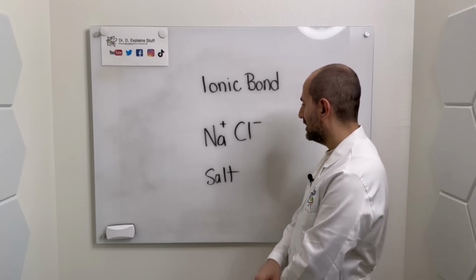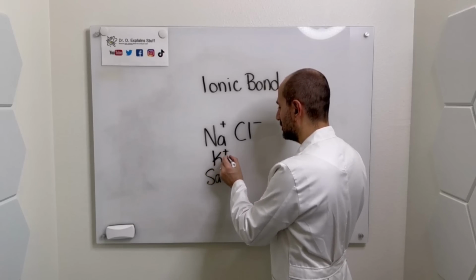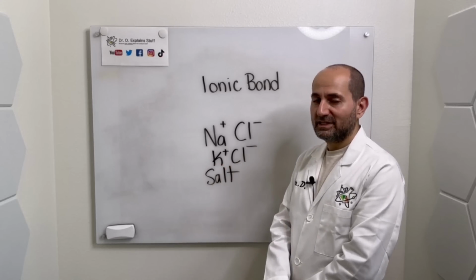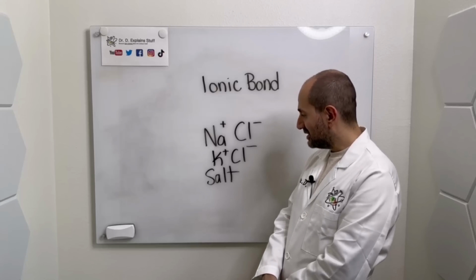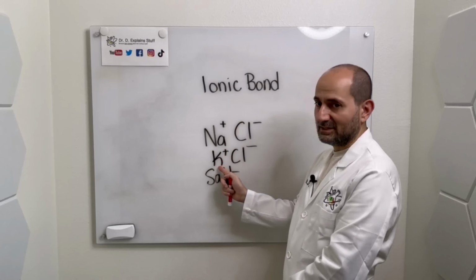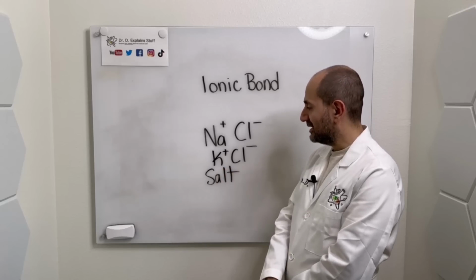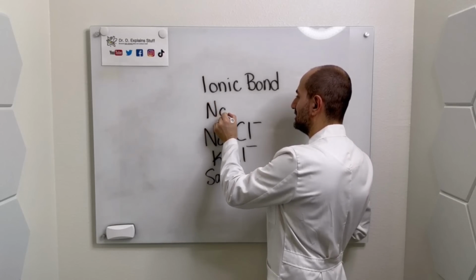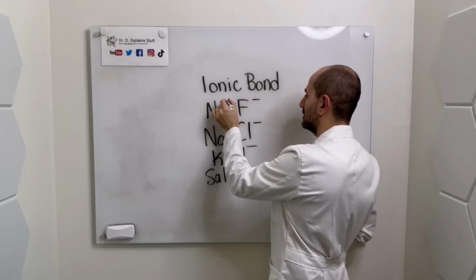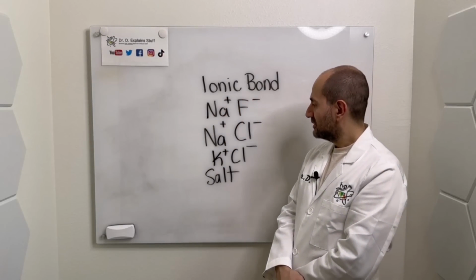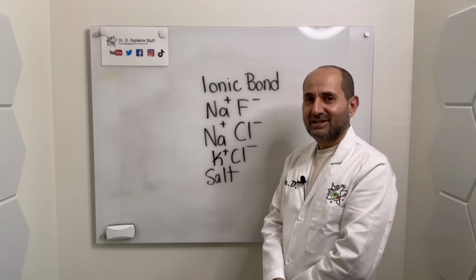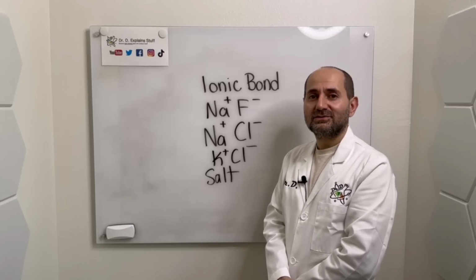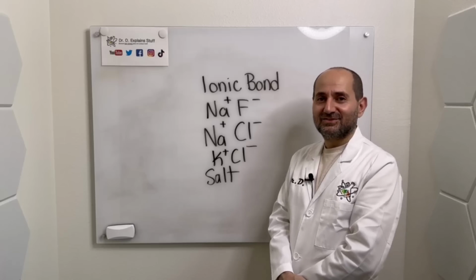For example, potassium chloride forms because potassium is in the first column and chloride is in the second last column. Potassium chloride forms an ionic bond between the potassium cation and the chloride anion, and that's a salt. Also, sodium fluoride can form. That's another salt. Or potassium fluoride is a salt. So salts form as compounds between column 1 and the second last column.